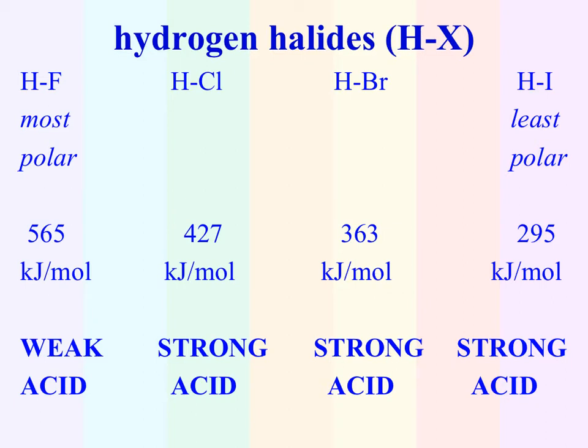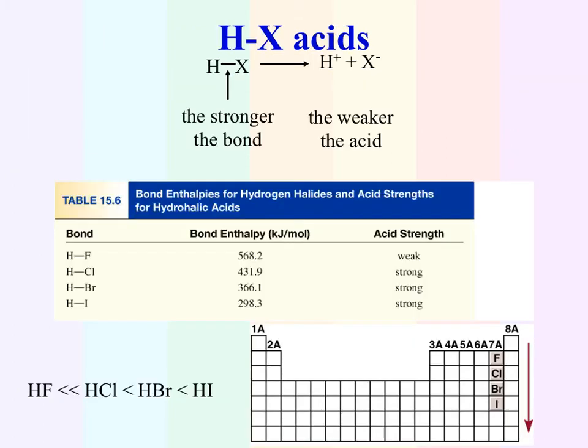So let's go ahead and move on to some other charts that will allow us to solidify this idea. Okay, so for hydrohalic acids, the stronger the bond, the weaker your acid is going to be. We know our electronegativity is decreasing down the table, so the polarity of our molecules is decreasing.